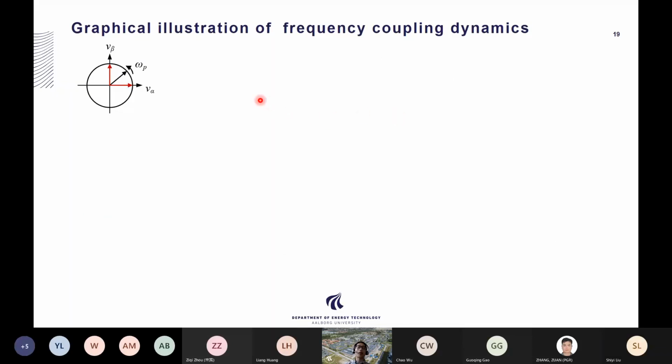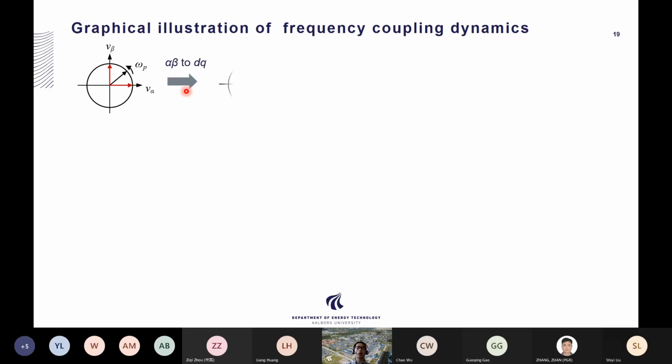Because the impedance basically characterizes the relationship between voltage and current, right? So we assume there is a voltage perturbation injected at the terminal, and let's see what will happen in the response of the current. For example, we consider that this voltage perturbation at omega p is injected at the AC terminal of the converter, either a wind turbine converter or the MMC.